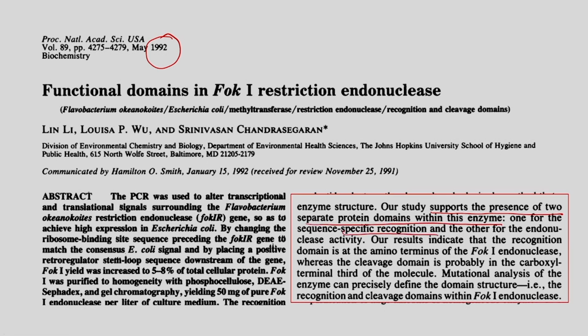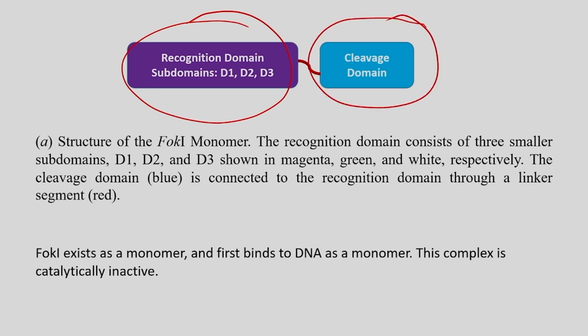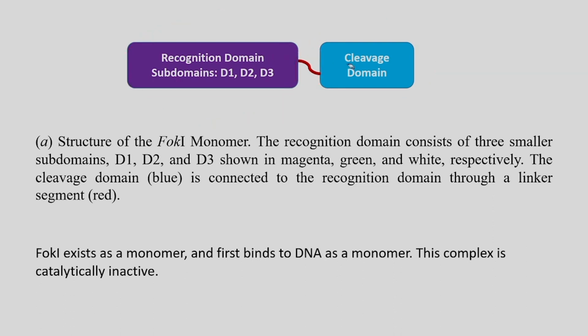One is for site specific recognition and another one for the endonuclease activity. So, this recognition domain, as you can see, may have several subdomains D1, D2 and D3, and there is a cleavage domain in the C terminus, and this is connected through a linker as shown in this particular cartoon.